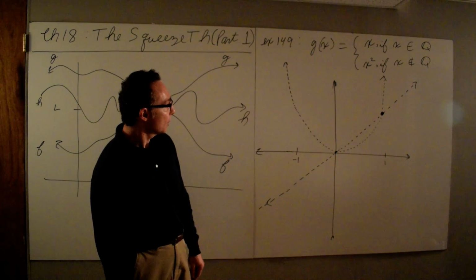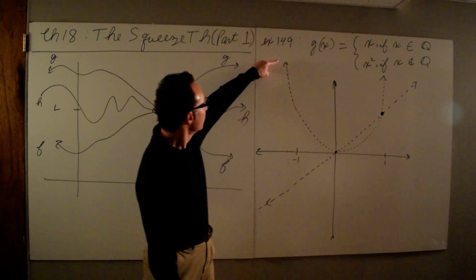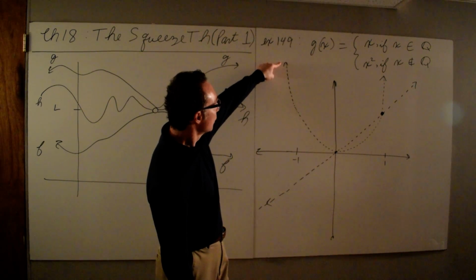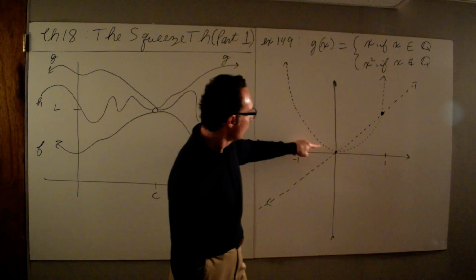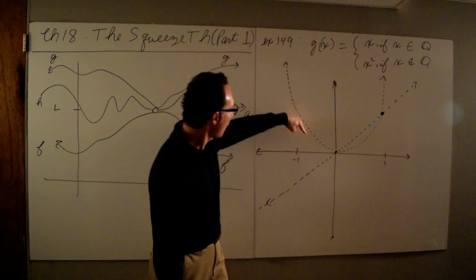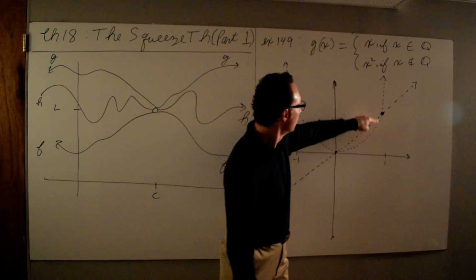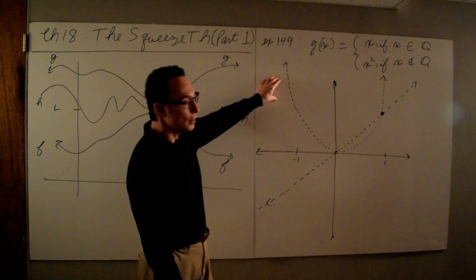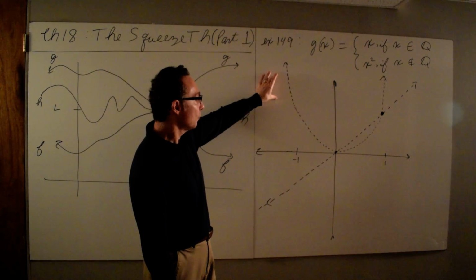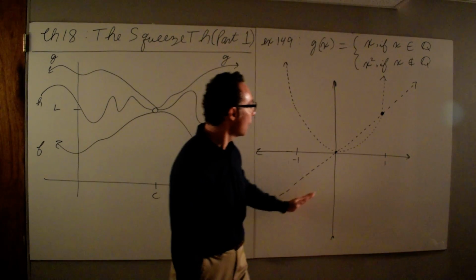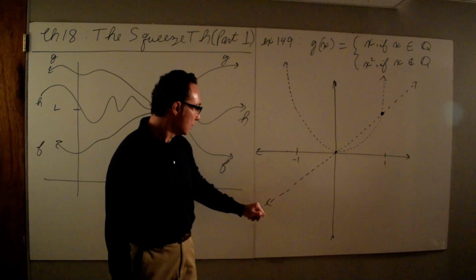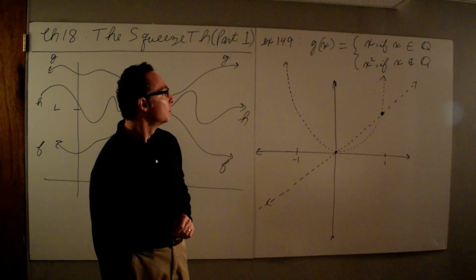But if x is irrational, then we square x. And so those points appear on the parabola, y equals x squared. Part of this parabola is part of the graph of this function, and part of this line is part of the graph of this function.